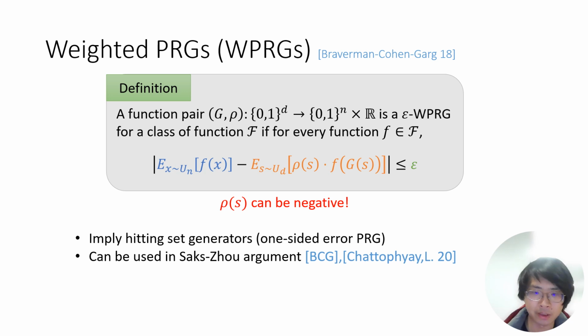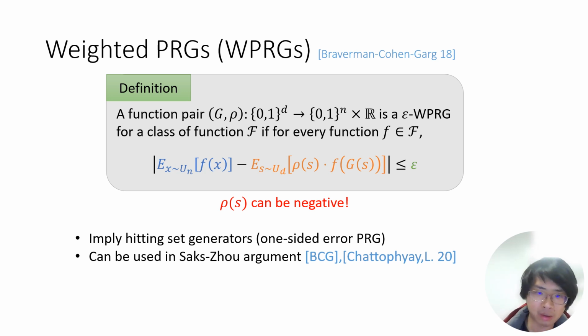which was first defined by Braverman, Cohen, and Garg in 2018. The weighted PRG is very similar to a PRG, except that now each output of the generator G is also attached with a real weight rho.